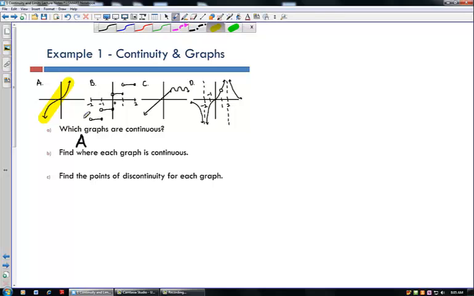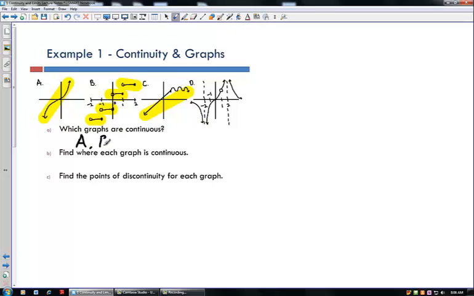Whereas in graph B, of course, I can draw from here to here, but then I have to jump, go up here, jump, go up here, jump, go up here. So B is discontinuous. And then C, notice I can draw it even though it changes what the graph is. I can still draw it in a continuous manner. So C is also continuous.